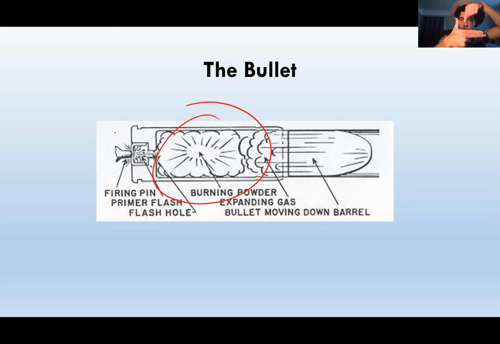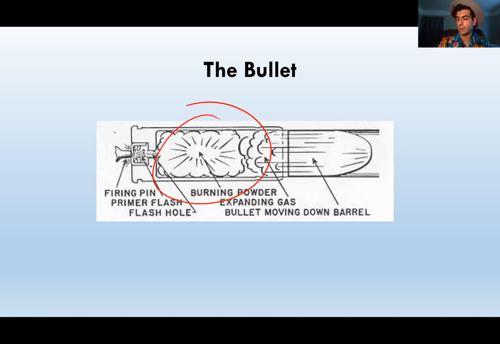So a chemical reaction is happening right here, and that chemical reaction causes gas to form, a very compressed gas formation. And because that gas needs somewhere to go, that bullet is going to travel out of the barrel. The bullet is going to go this way out of the barrel. And as it goes out of the barrel, certain markings are going to happen onto the bullet.